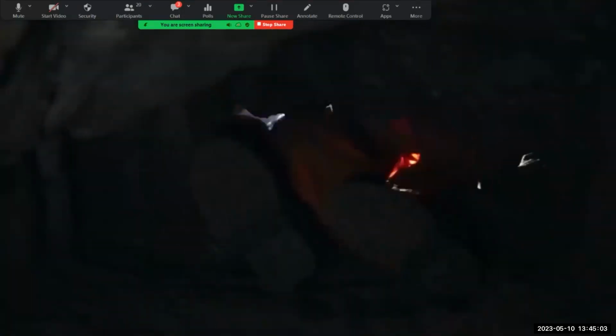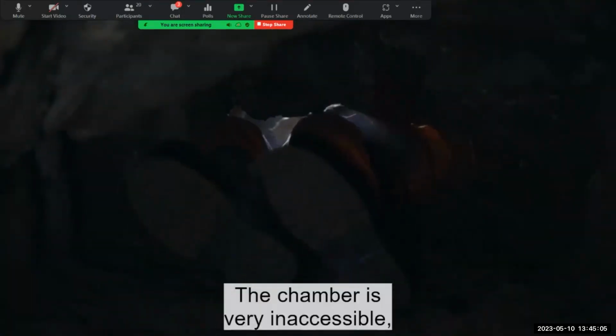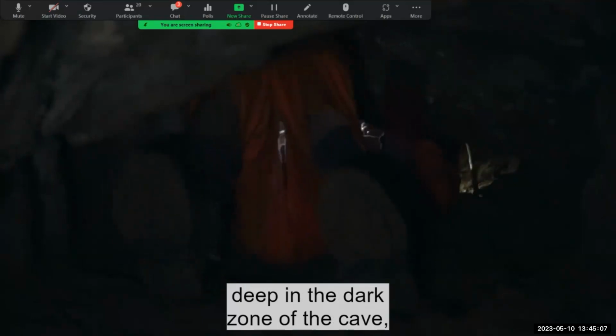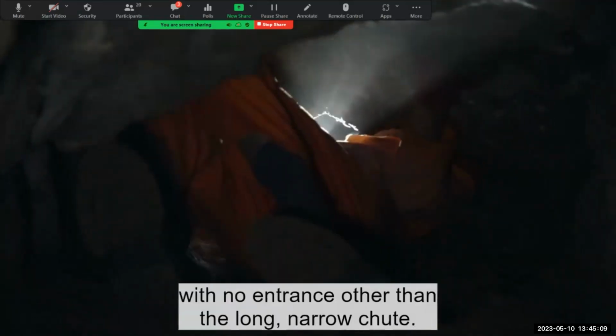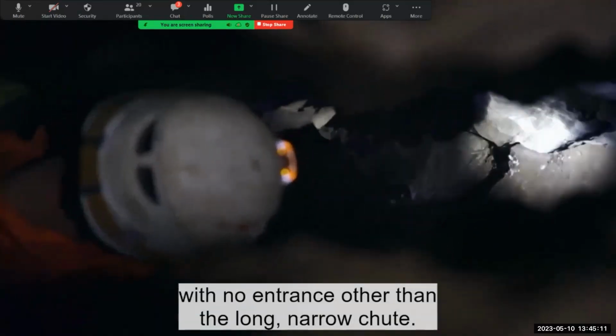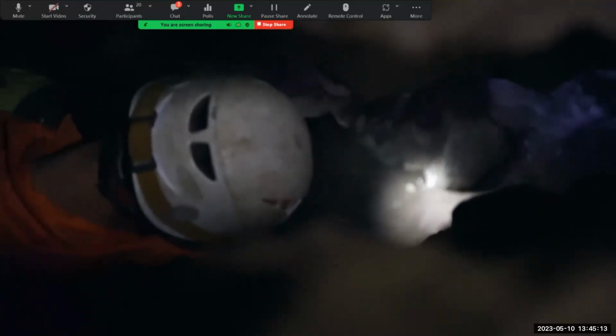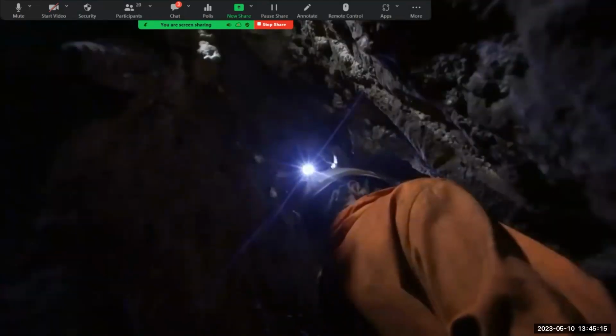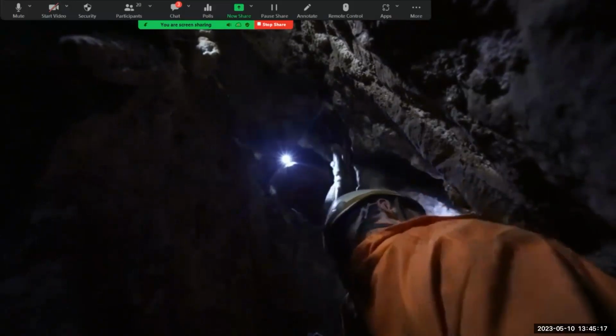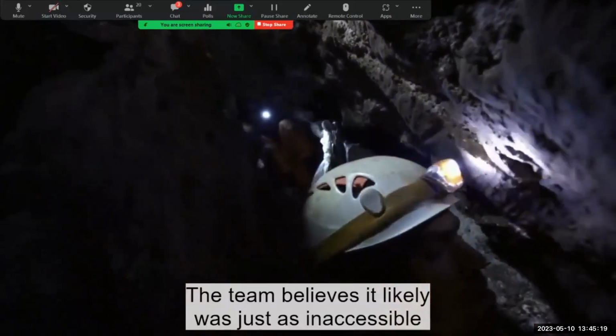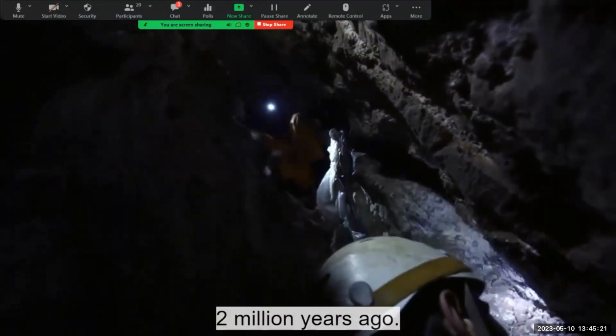The chamber is very inaccessible, deep in the dark zone of the cave, with no entrance other than the long, narrow chute. The team believes it likely was just as inaccessible 2 million years ago.